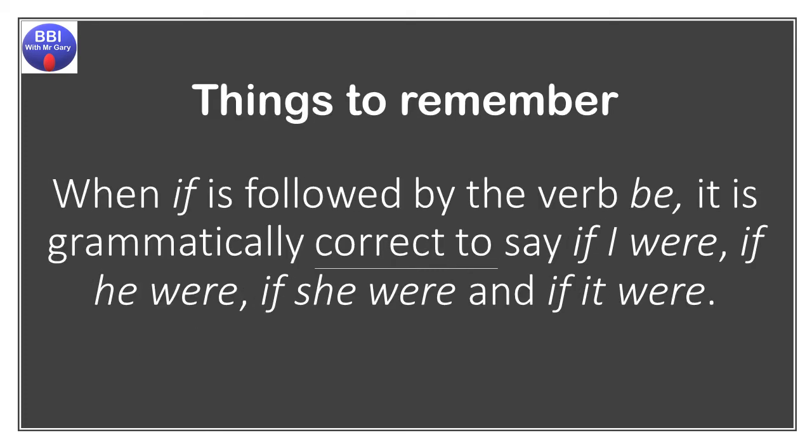Some things to remember about conditional sentences. When if is followed by the verb be, it is grammatically correct to say if I were, if he were, if she were, and if it were.